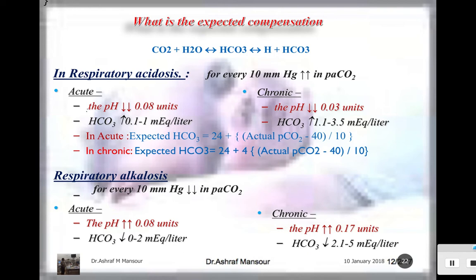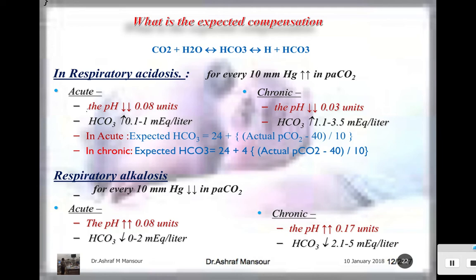These two equations are very important. You have to remember them. If you cannot remember, you have to put them on your device or on your mobile. Some people like Dr. Hisham can memorize this very well. In acute cases, the expected bicarb is calculated as 24 plus the actual measured PCO2 minus 40, which is the increment of the PCO2, divided by 10.